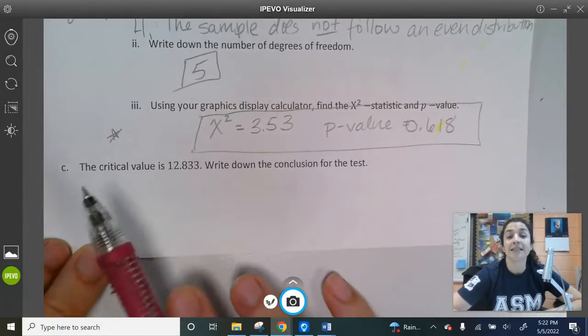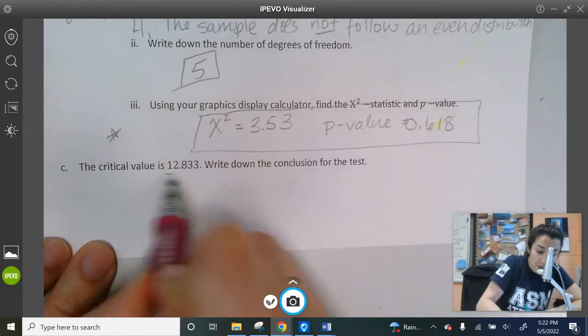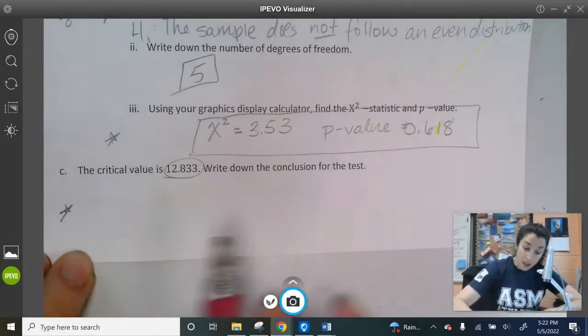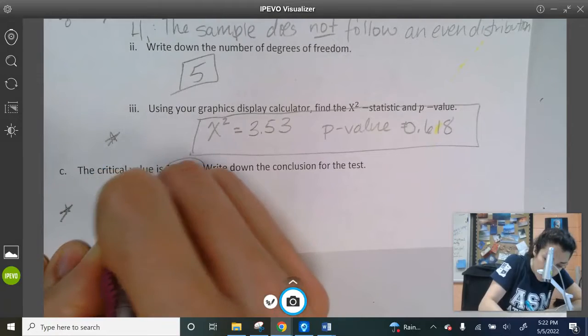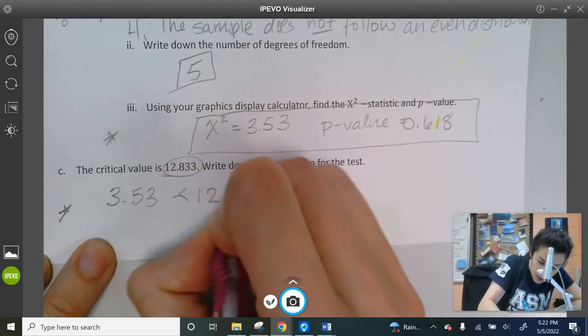Okay. Then it says the critical value is this. Write down a conclusion for the test. So they gave us a critical value, which means we are comparing this to what? The critical value is always compared to our chi-squared value. So chi-squared is 3.53, which is definitely less than our critical value.